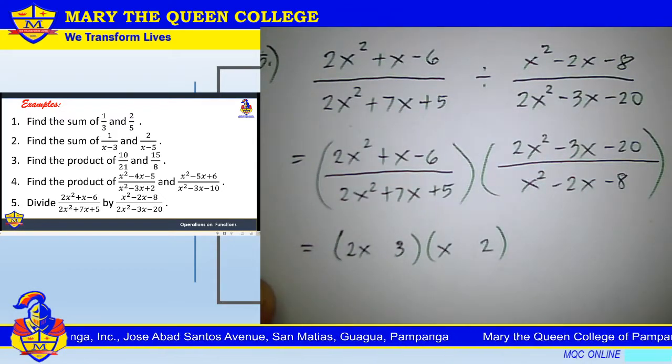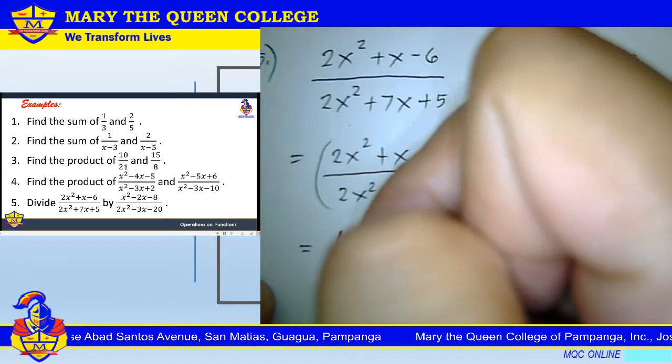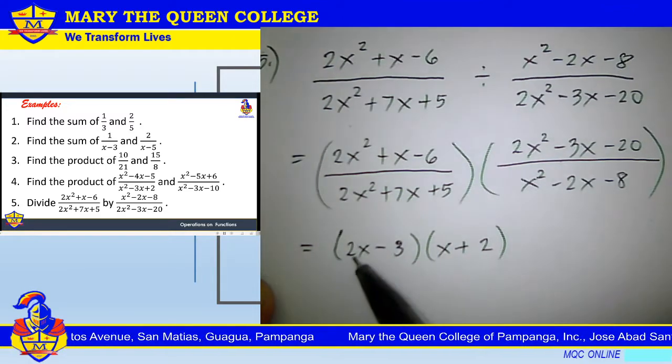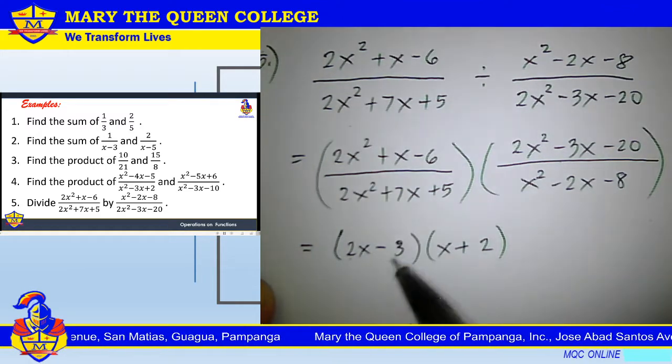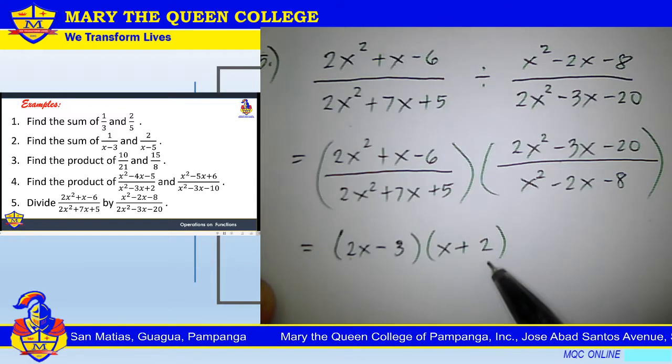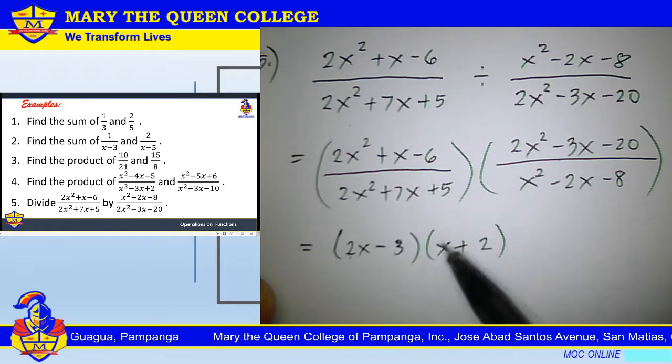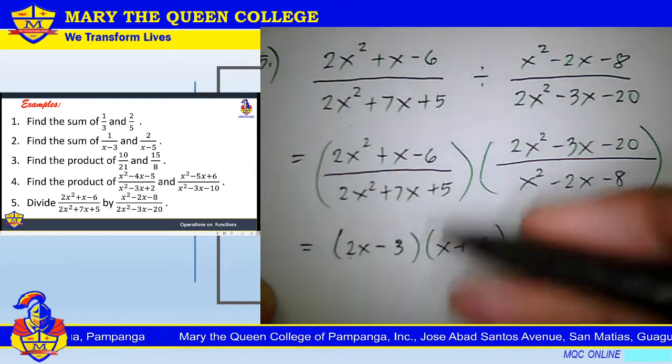Okay? And then, para makuha natin yung positive 1x sa gitna, this must be negative, this must be positive. Okay? So, check. 2x times x, 2x squared. Tapos, 2x times 2, 4x minus 3x. So, 1x or x. Negative 3 times 2 is negative 6. So, tama.